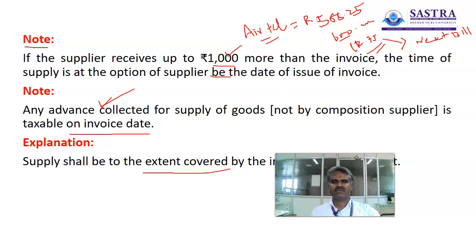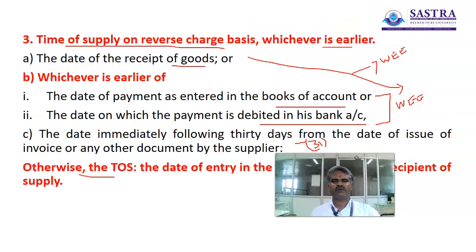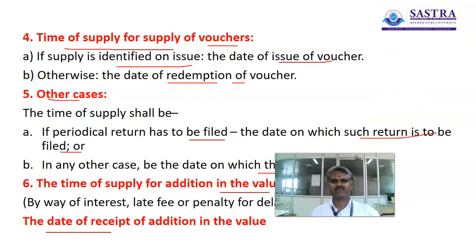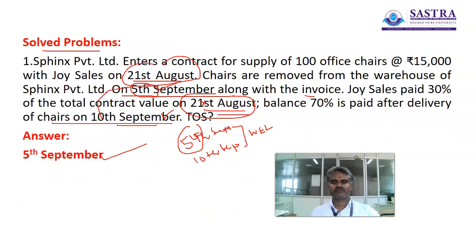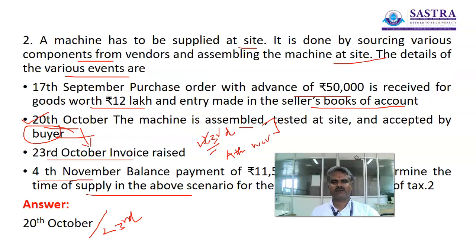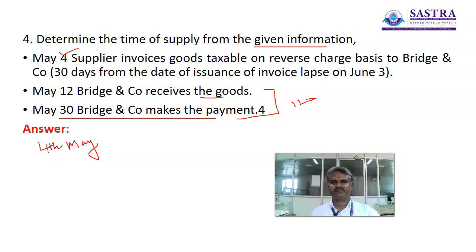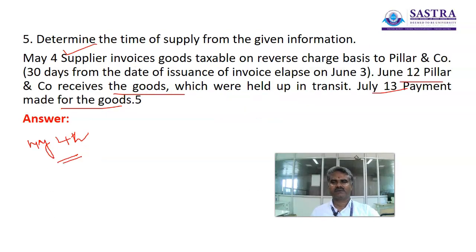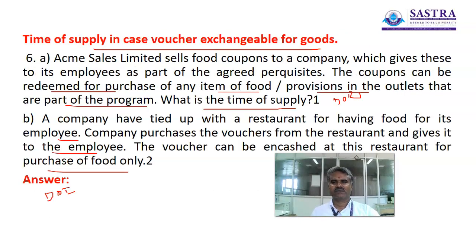Next, these are the notes: time of supply of rewards and time of supply of vouchers are discussed. And these are all the problems we solved, problems 1, 2, 3. And time of supply in case of voucher exchangeable for goods.